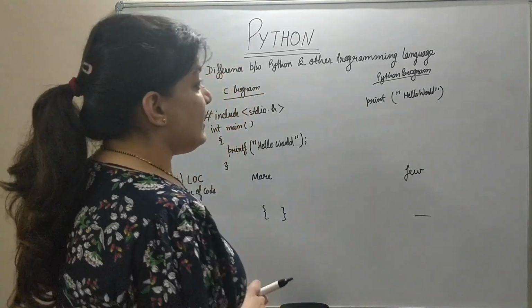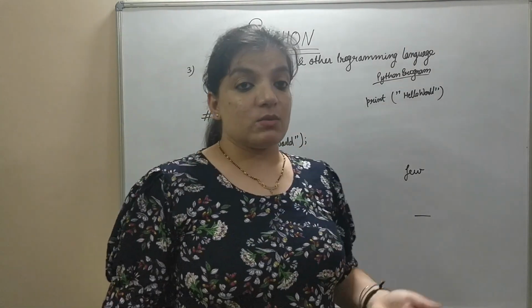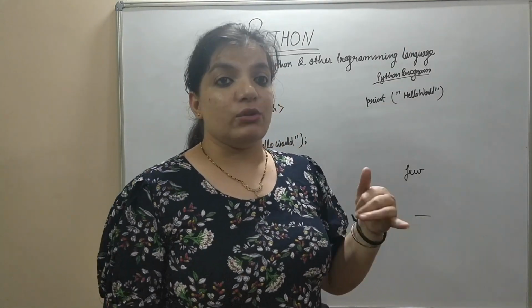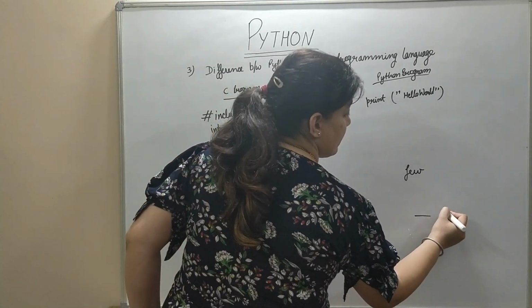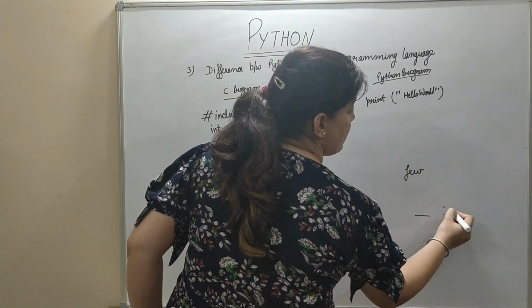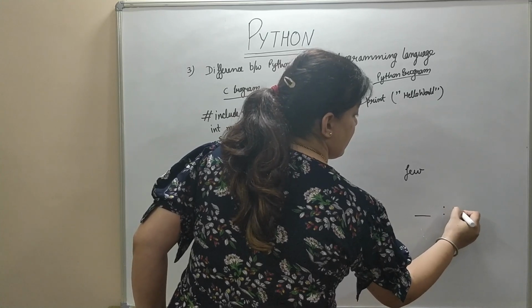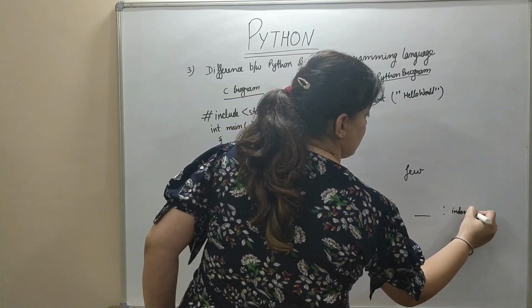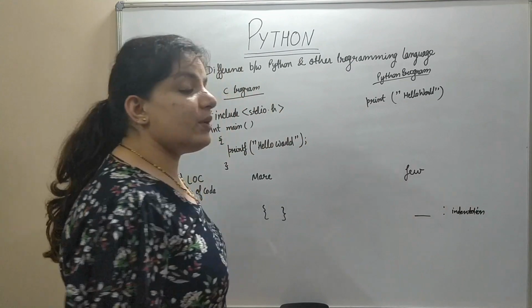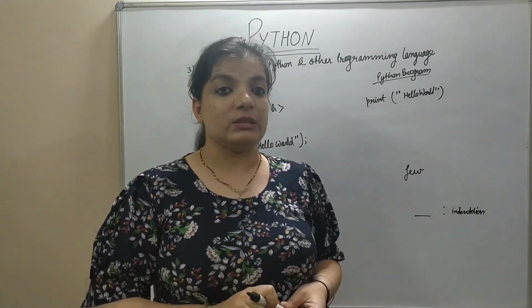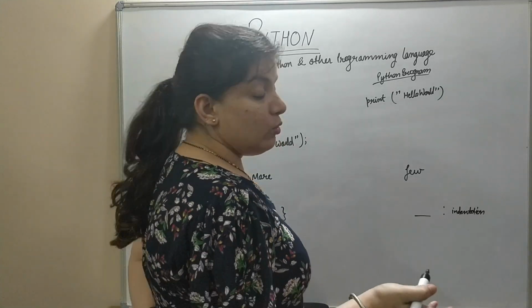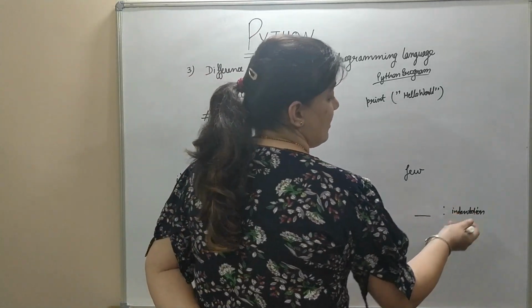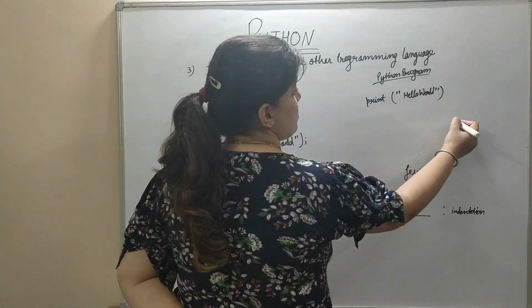But in Python, to define the scope of any function or any loop, we are using this symbol. This symbol is known as indentation. Means whenever you are using any loop, any function, we write this after the loop. Like if I need to write an if condition, how will we write?